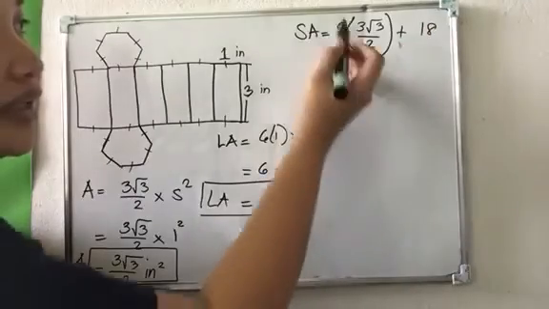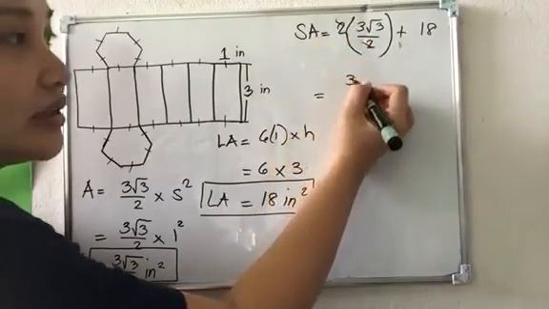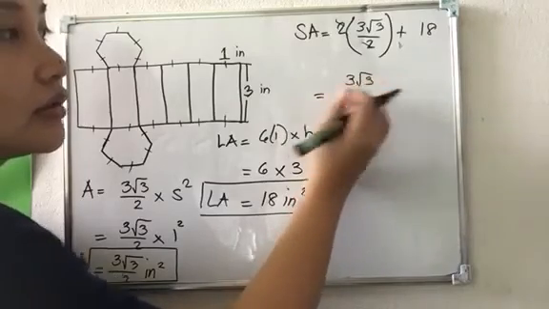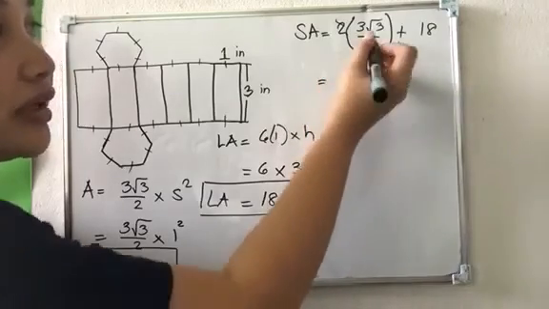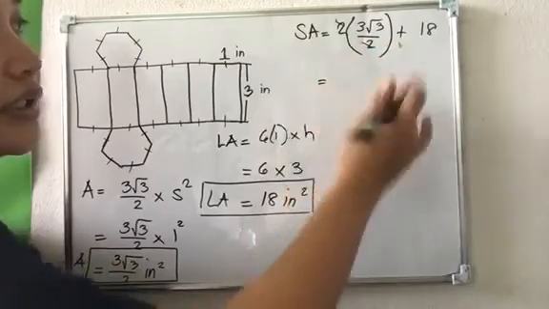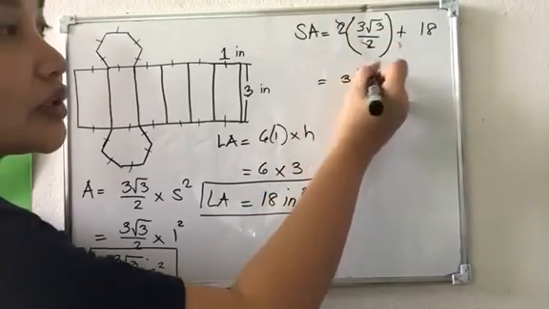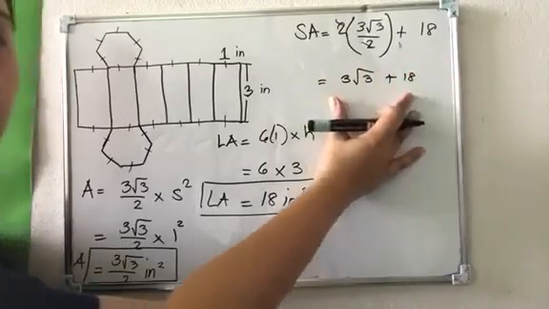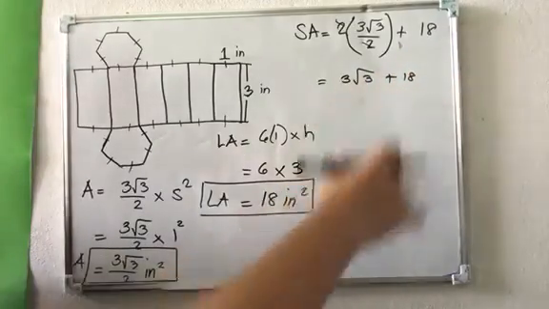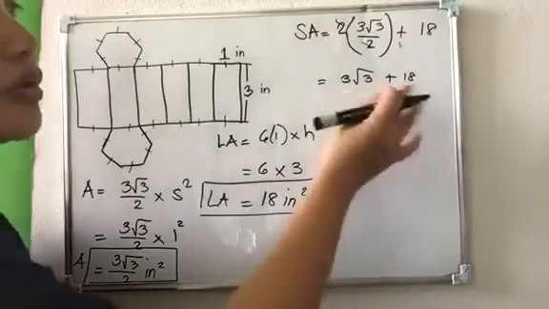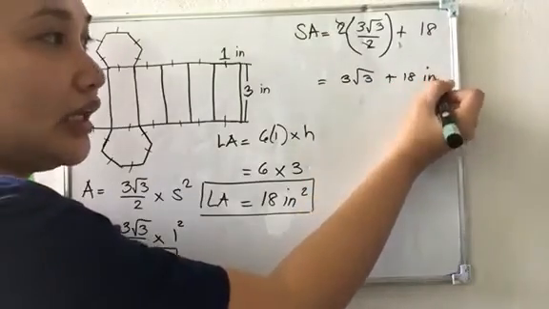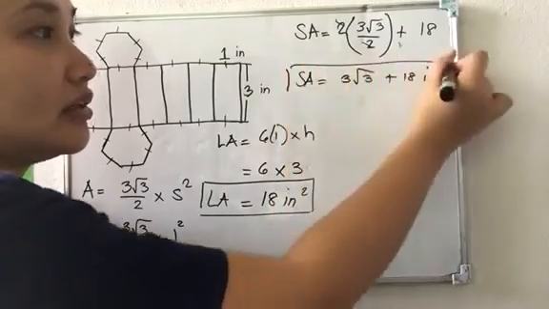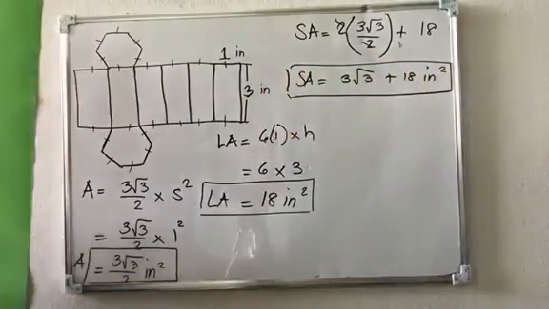Simplifying, we have 3 square root of 3 plus 18. Of course, we cannot combine these two because they are unlike terms. So that is inches squared. So this is the surface area of the given prism.